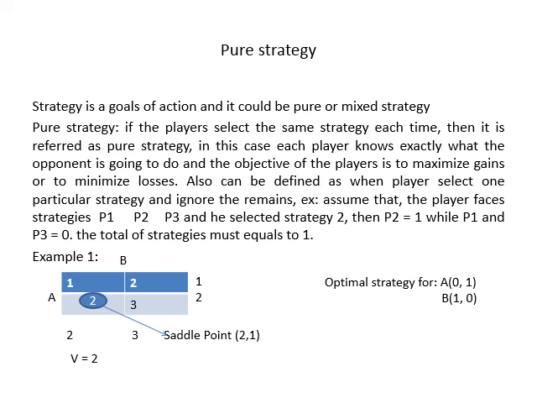Let's move to the columns. The biggest value in the first column is 2 and the biggest value in the next column is 3.